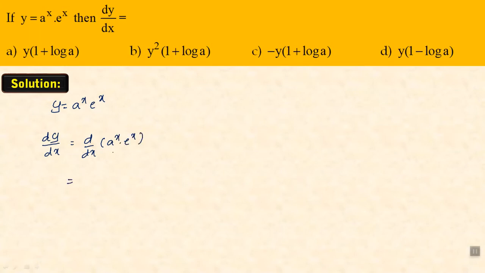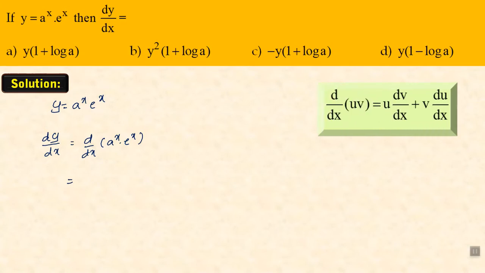It is in the form of d by dx of uv. Here consider a power x as u, e power x as v. Now applying this formula, u into d by dx of v, that is a power x into d by dx of e power x, plus v, that is e power x, into d by dx of u, that is a power x.